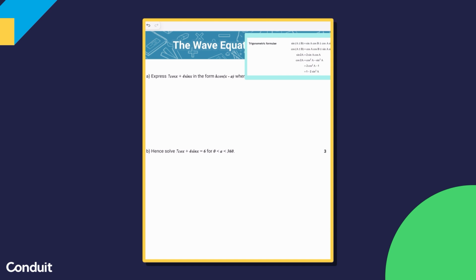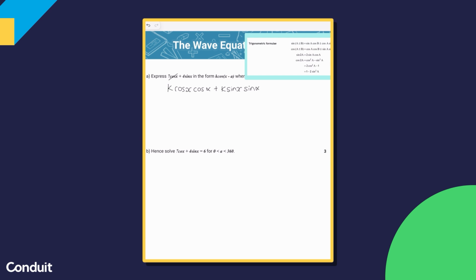If we expand k cos(x minus alpha), we end up with k cos x cos alpha plus k sin x sin alpha. The goal now is to match our coefficients. So we want to match cos x with cos x and sin x with sin x.